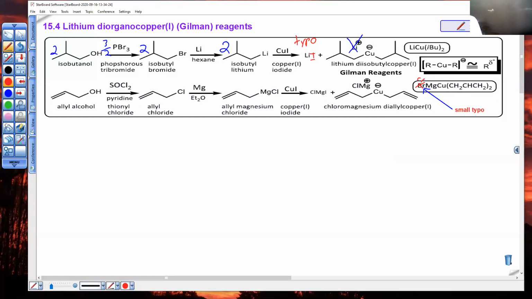There's no bromine in this line at all. But the important thing to know, this is really isobutyls attached to copper. So the species looks like this. There we go. And I've crossed off the magnesium chloride spectator. It's just a complex ion spectator.